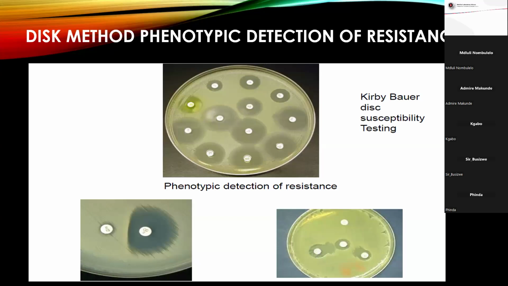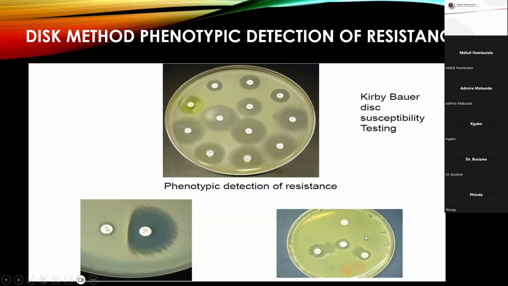This is a phenomenon exhibited by Staphylococcus and also Streptococcus species, to say they might be resistant to clindamycin if they were exposed to erythromycin at some point within the circulation.